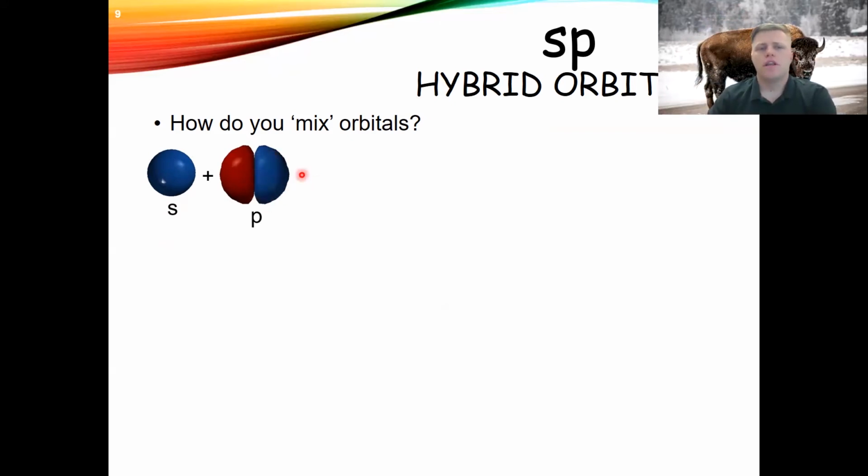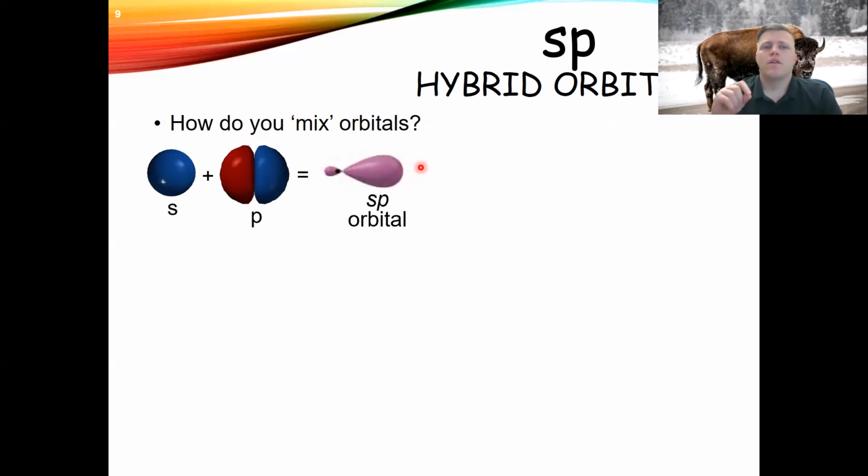So the blue part in here would signify the positive region of that wave, and the red part would indicate the negative region. So the s orbital is all positive. So when we mix this s orbital with the p orbital, we're going to get a region of destructive interference, where there's red on the p orbital, and constructive interference, where there's blue on that orbital. So we put those together, and we get an orbital like this, the sp orbital.